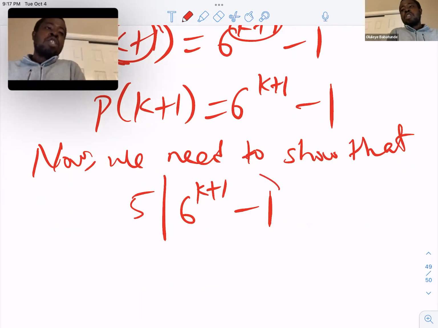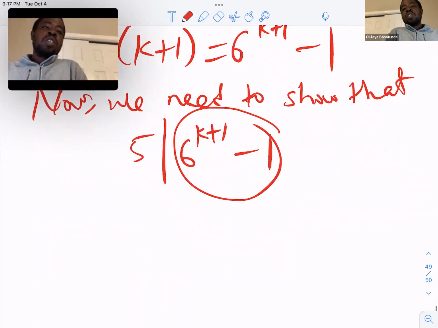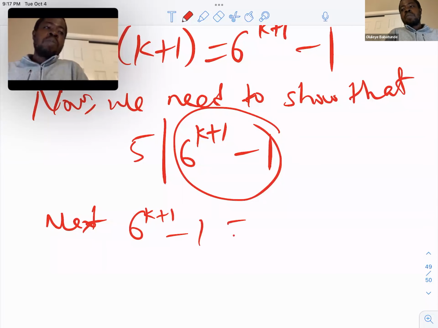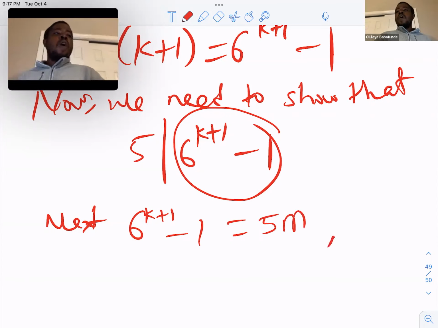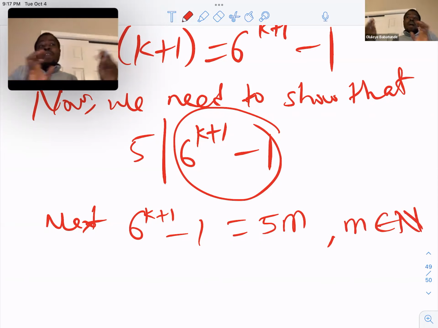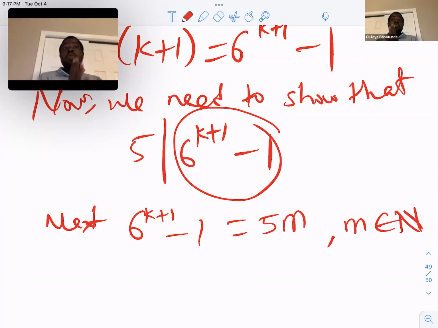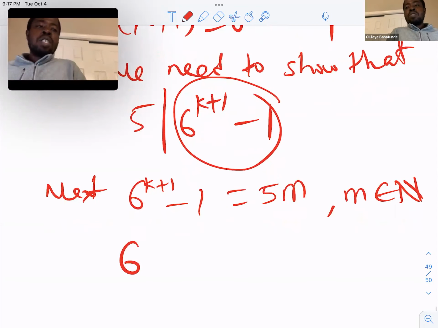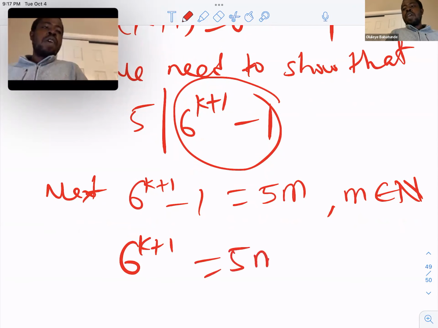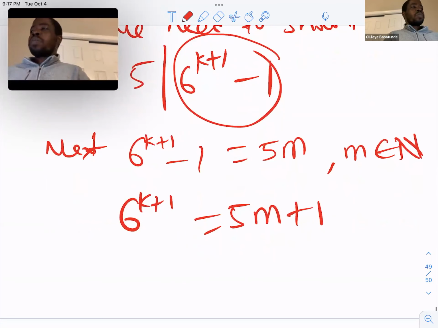So I have to assume that this expression, 6 raised to the power k plus 1 minus 1, is written as a multiple of 5 for every m. So we have to assume the right side, that circle is a multiple of 5. And that means 6 raised to the power k plus 1 equals 5m plus 1.